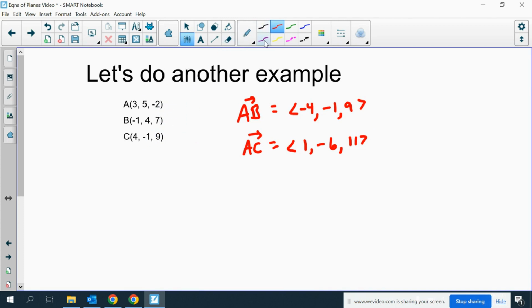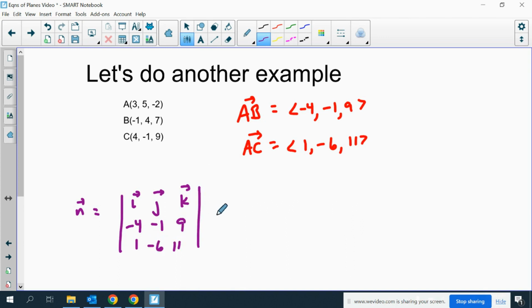Now you need to find the equation of a vector that's normal to this plane. So the normal vector will be i, j, k. We have to find the cross product with these two vectors. So -4, -1, 9, 1, -6, 11. If I do i, that would be -11 minus -54.